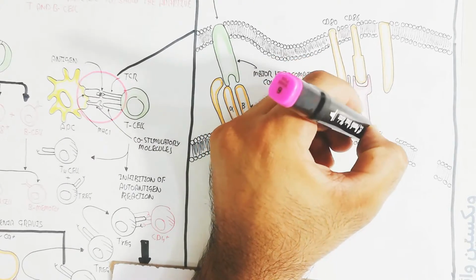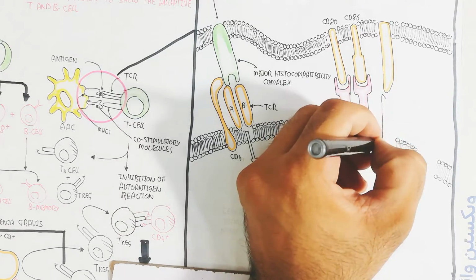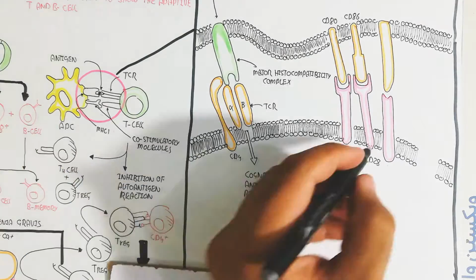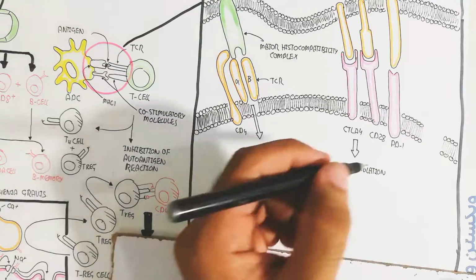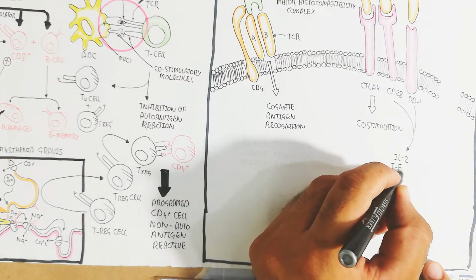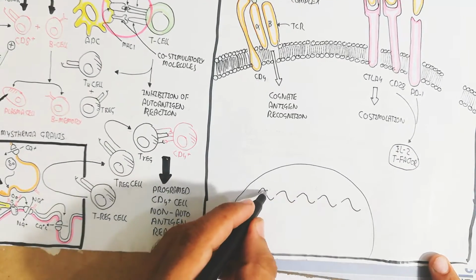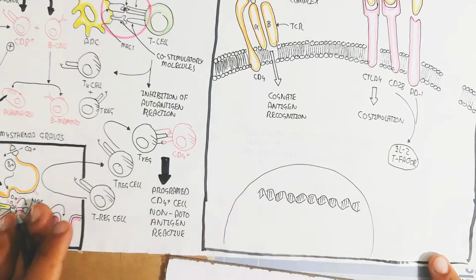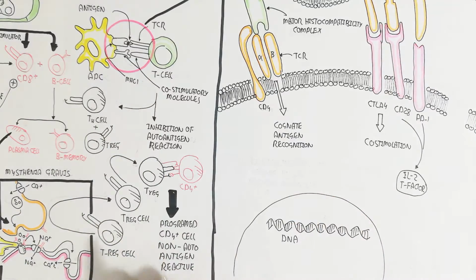So here are the CD80 and CD86 molecules, which are bound with CTLA4 and CD28. The CTLA4 and CD28 and PD1 lead to co-stimulation, and co-stimulation leads to an interleukin 2 transcription factor being produced after phosphorylation, which binds with the DNA to transcribe and translate interleukin 2.